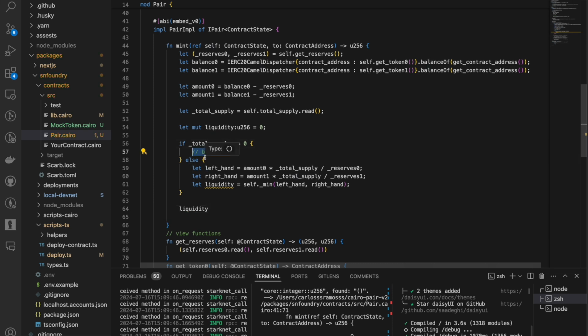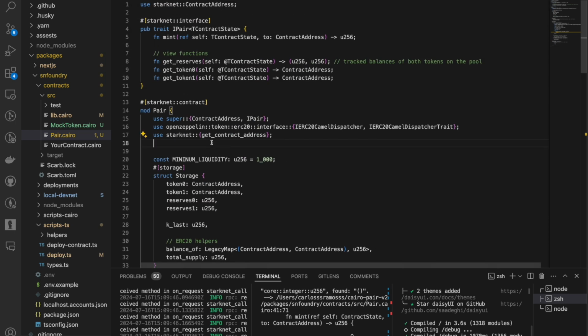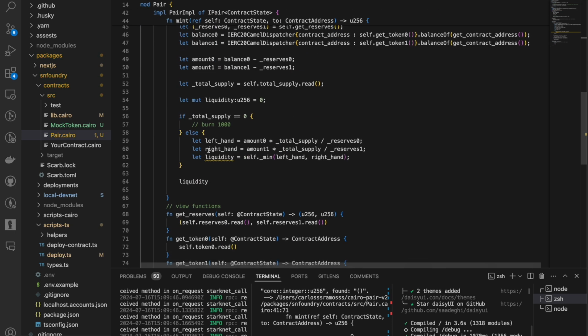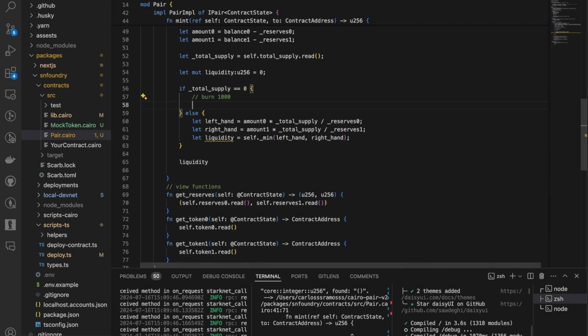Next thing we can do is consider the edge case of the total supply equals 0, and we're going to be using this helper function called u256 square root that you can get from the core StarkNet integer library. This will help us calculate the square root of the multiplication of amount 0 and 1.